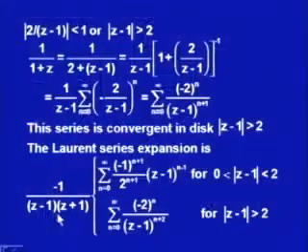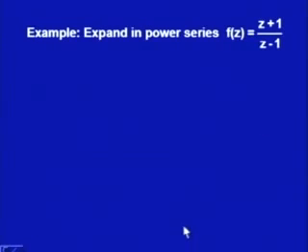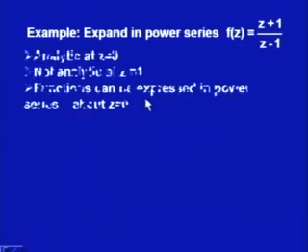So, we have two representations, and the Laurent series expansion this way is given as: −1/(z−1) multiplied by 1/(z+1) is represented by this power series in the region |z−1| lying between 0 and 2, and when |z−1| is greater than 2, then we get this expansion. So, this is one example. In the next example, we consider the function f(z) as (z+1)/(z−1).